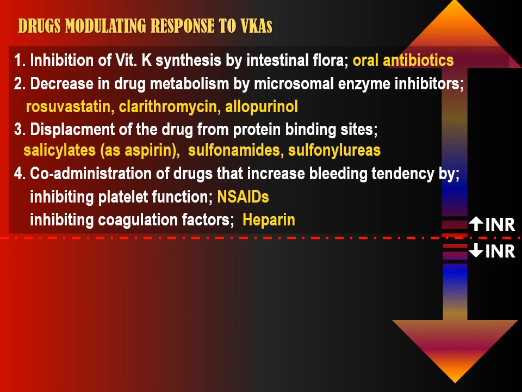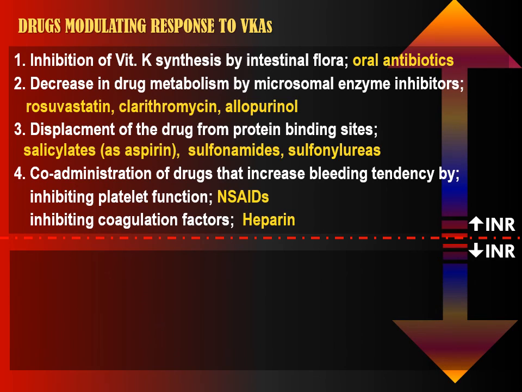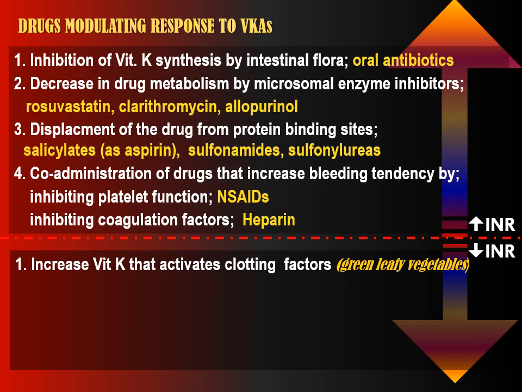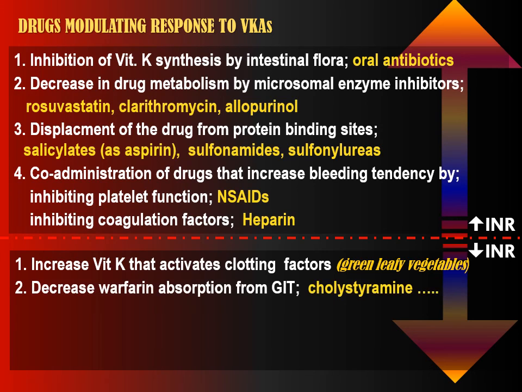The drugs that can decrease the INR, so decrease the efficacy of warfarin, are the drugs that increase vitamin K, such as a lot of green leafy vegetables that have a lot of vitamin K and can antagonize the warfarin.